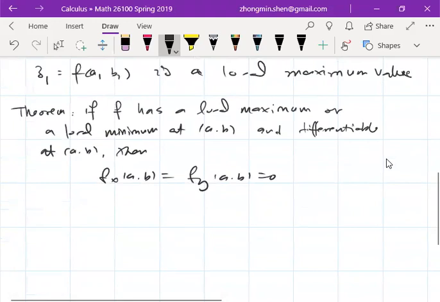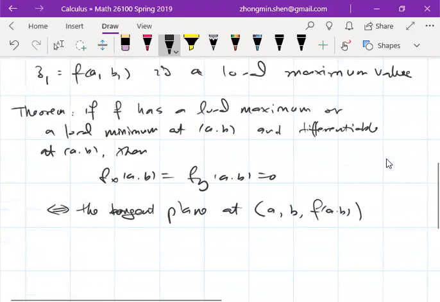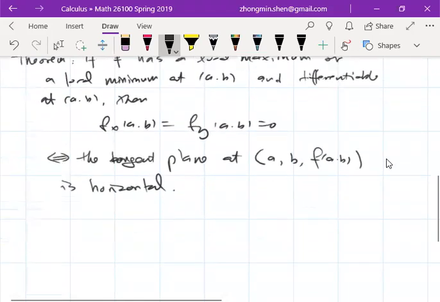the tangent plane at the point (a, b, f(a, b)) is horizontal. Why?